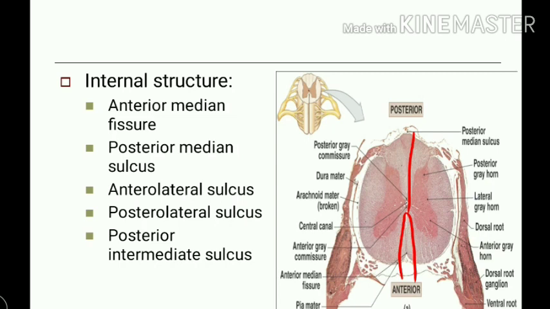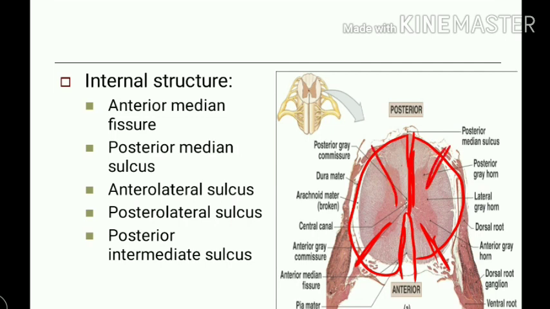Lateral to this anterior median fissure, we have the anterolateral sulcus on both sides, whereas lateral to the posterior median sulcus we have the posterolateral sulcus on both sides.